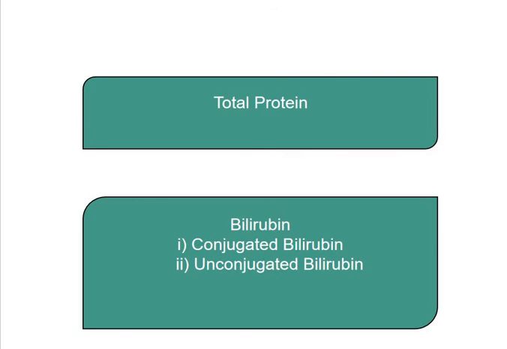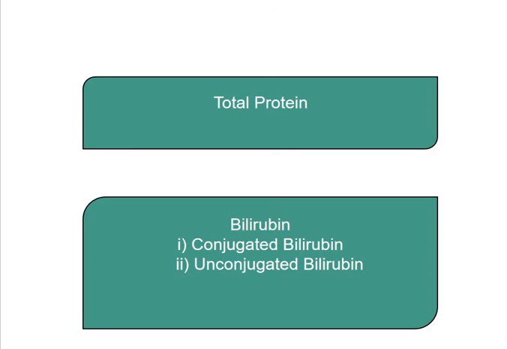Again here we have two types of bilirubin, that is conjugated bilirubin and unconjugated bilirubin. A raised blood level of conjugated bilirubin occurs in various liver and bile duct conditions.